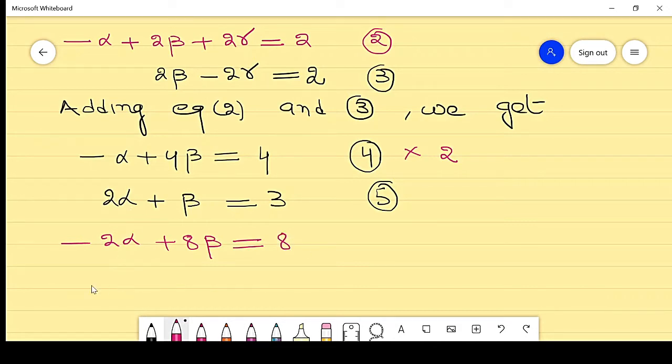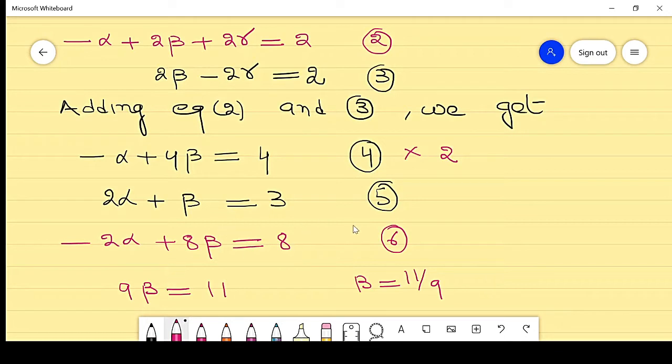Now adding equation number 5 and 6, the alpha term will be cancelled, so 9 beta is equal to 11. So we get the value of beta, which is equal to 11 by 9. So this is the value of beta.